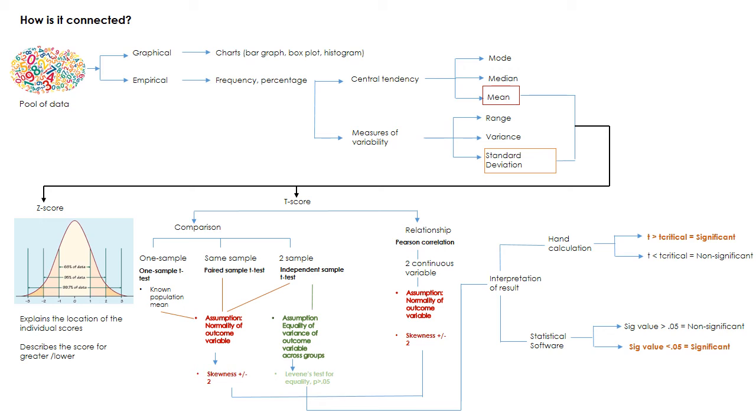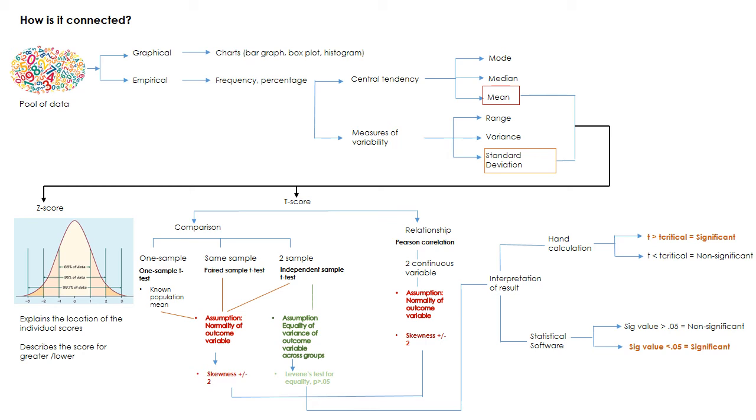When using hand calculation, with the t statistic and t critical, your t statistic has to be greater than the t critical value to show there is a significant difference or significant relationship. If the t statistic is less than t critical, it shows there is no significant relationship.